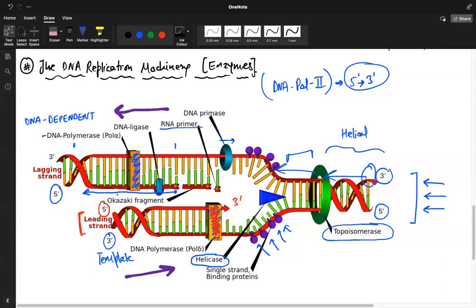So only in one direction, which is 5' to 3'. Next point. This creates some complications in the DNA replication process.